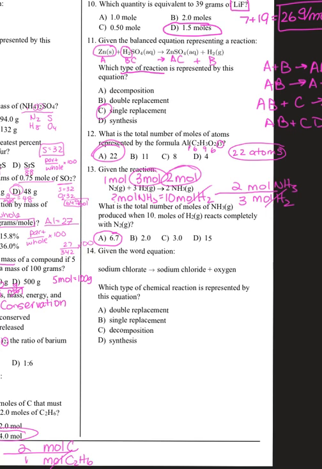So sodium chlorate, chlorate is a polyatomic ion, and sodium is Na, NaClO3 is sodium chlorate, and we're going to have NaCl plus O2. Okay, so this is a decomposition reaction because we start with a compound, and the compound is broken down into smaller products. In this case, sodium chloride and oxygen.